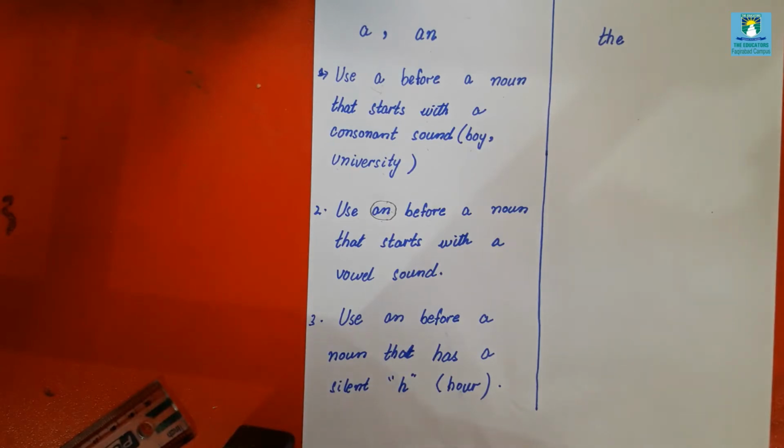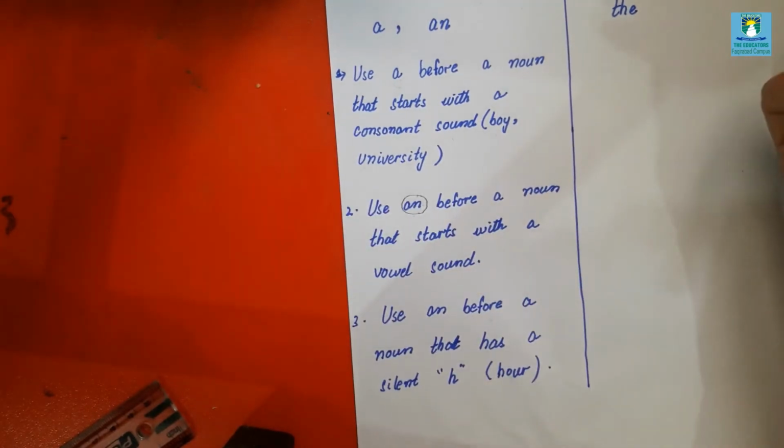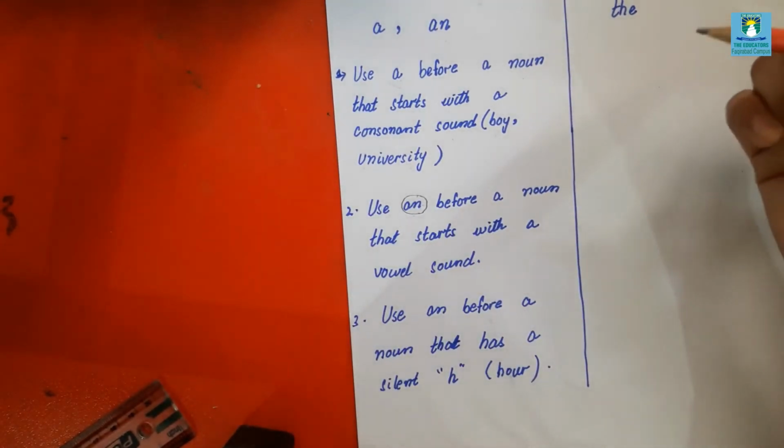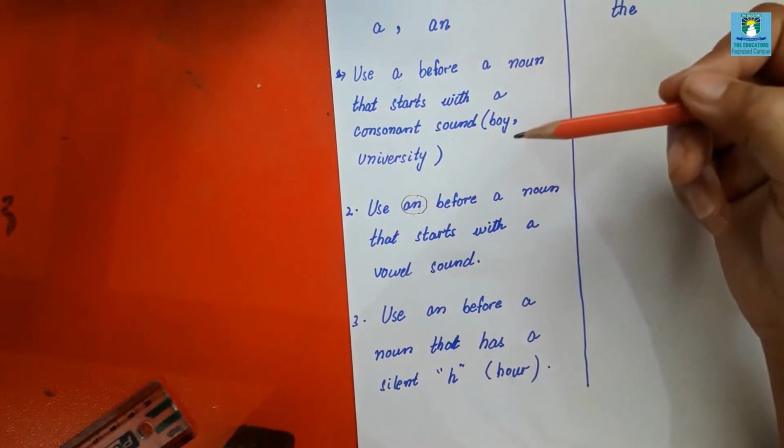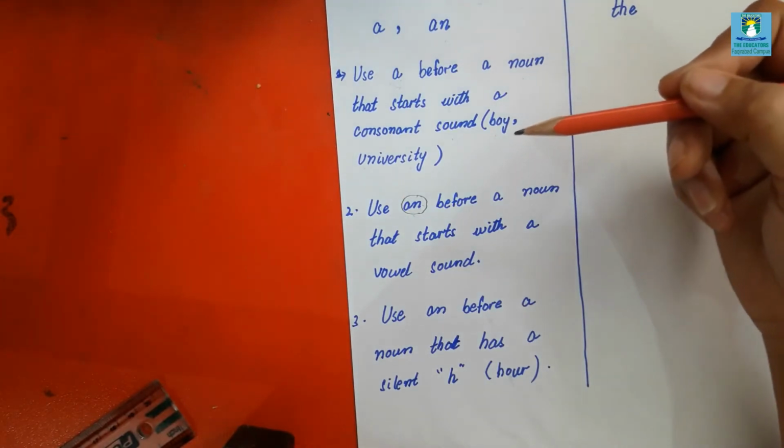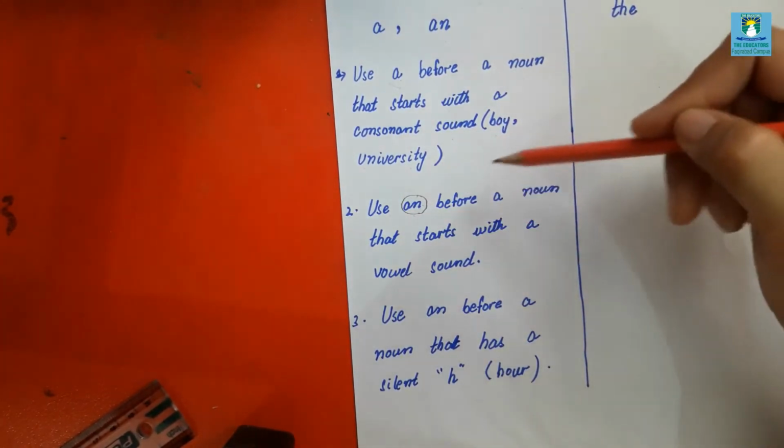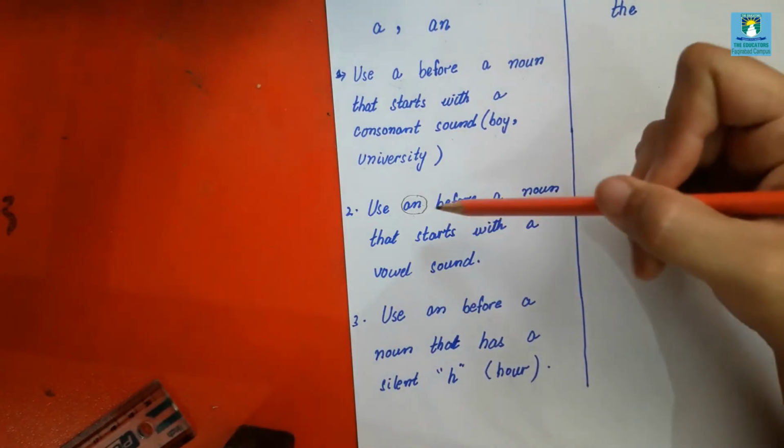We will say an apple. Similarly, egg. Egg is also starting with a vowel sound. So we will not say a egg. We will say an egg. There are a lot of examples. Orange is starting with the vowel sound o, so we will put an before orange. All those nouns which are starting with a vowel sound, we will put an before that.